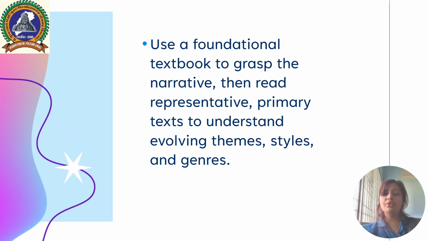Second, you can use a foundational textbook. There are so many foundational textbooks available in the markets. You can use any one of them to grasp the narrative in order to understand the text. You can also use a foundational textbook to understand the themes, styles, and genres that were evolving in that particular age, which you want to understand and which you are reading.